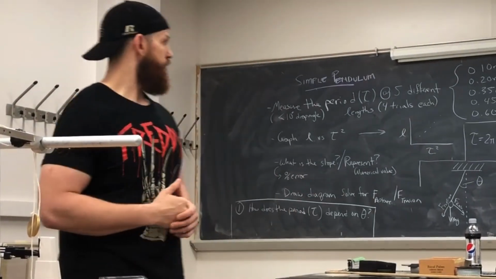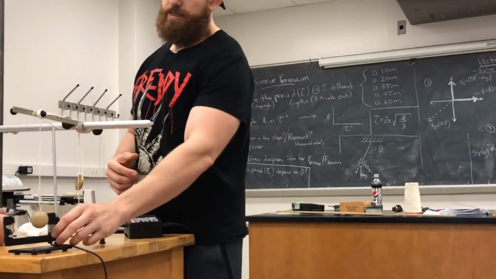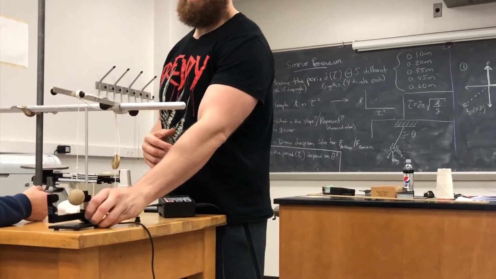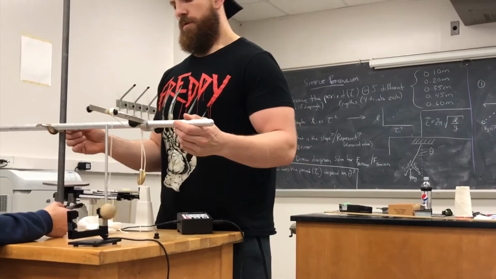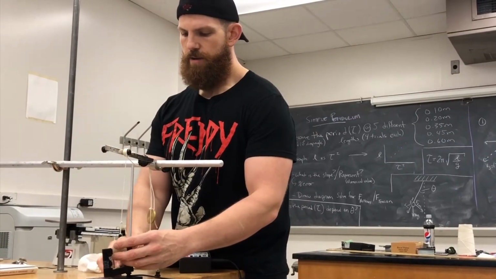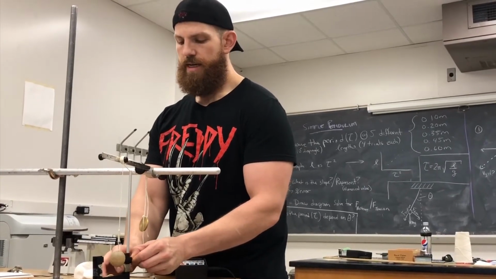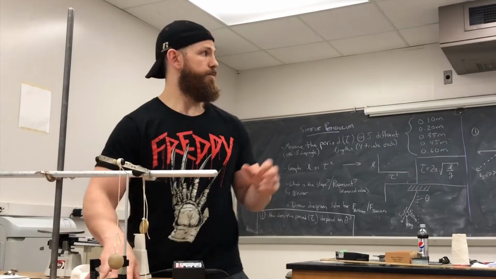So what you're going to do is measure the period at 5 different heights, and I have written less than half a degree, or less than 10 degree drop angle. So set up the pendulum and measure out the height. Now, as in the last experiments, you do not need to measure the exact height that I have written up there.